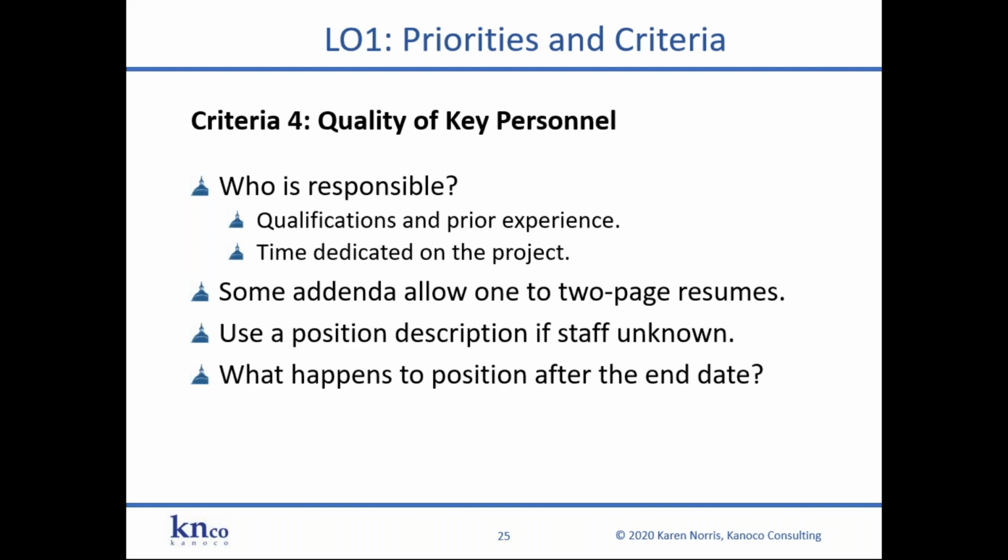Now, for those of you who work in institutions of higher ed, and I come from the field of education, I worked for K-12s and institutions of higher ed. I know my faculty members, and their resumes will be 20 pages long, including lists of publications that they've done. Don't put that in the proposal. Make them give you 1 to 2 pages because the reviewers won't read it.